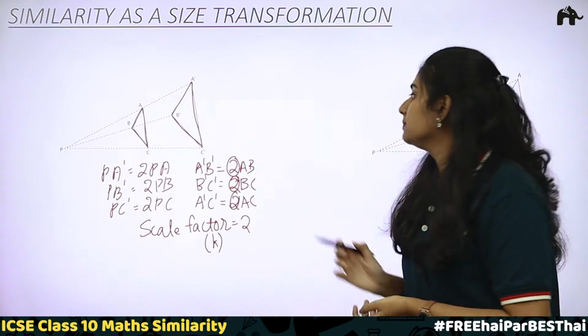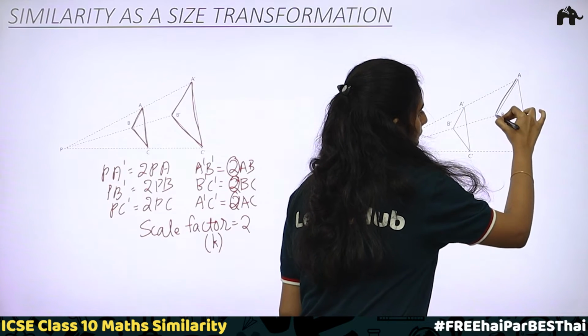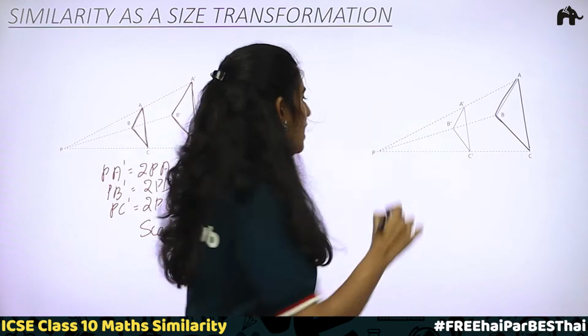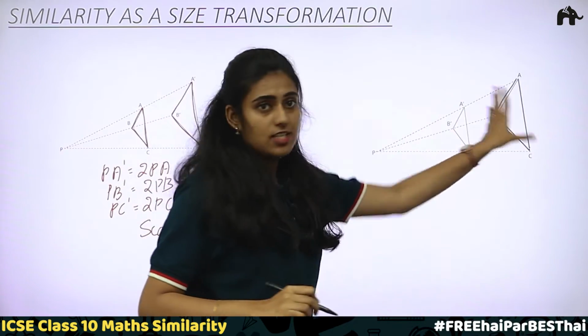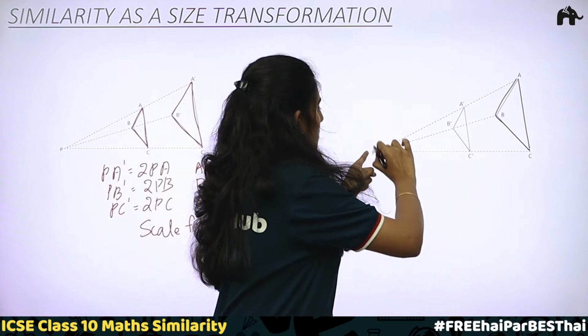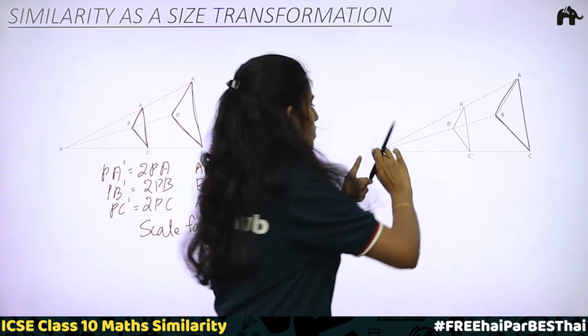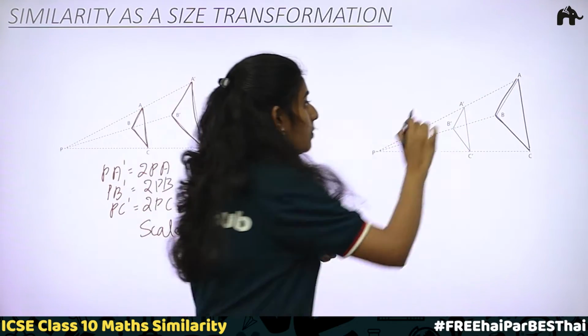Now consider this figure. Here we have a big triangle ABC. First, we are taking a point P which is taken outside the triangle ABC. From P, we are drawing a line to A. And at half the length we are marking a point A dash.